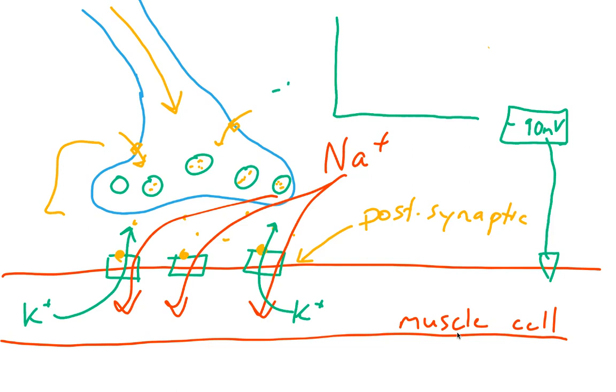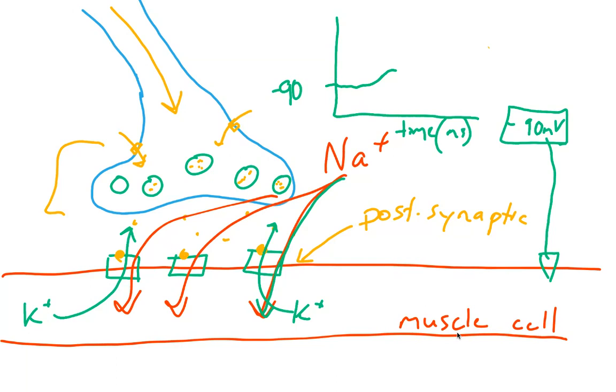So we start out at around negative 90, and on the x-axis, you have time, typically measured in milliseconds. As the sodium begins to flood in, we go from this resting negative 90, and you start to get a positive charge along the muscle cell membrane.